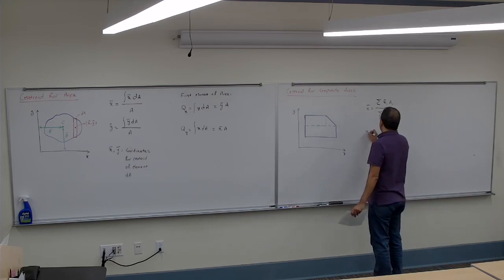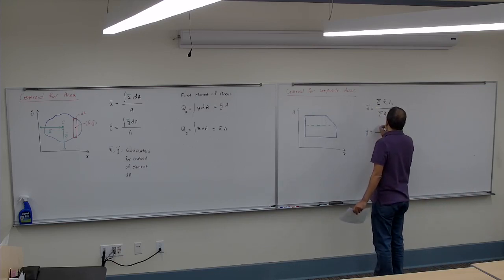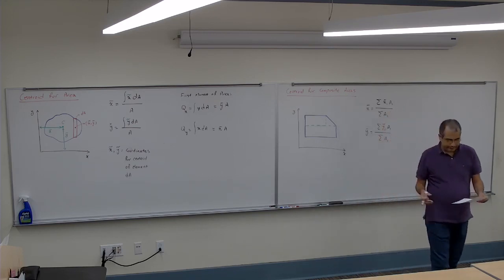And for the y bar, it's the same thing: sigma y tilde i A i divided by the entire area.